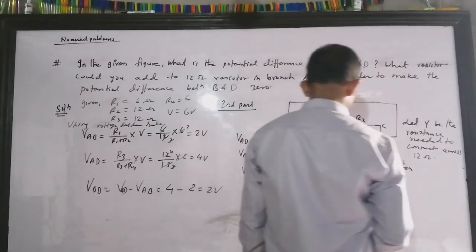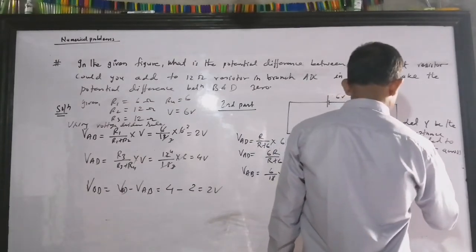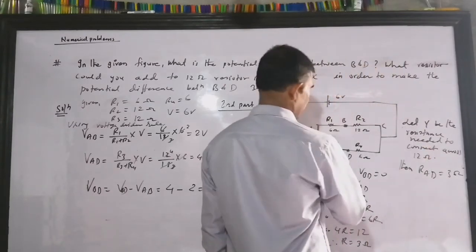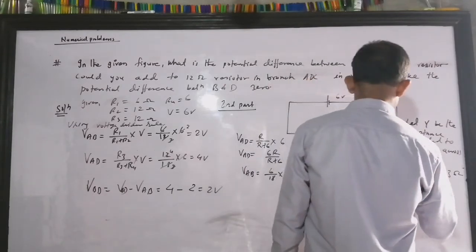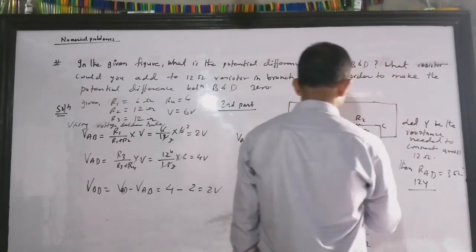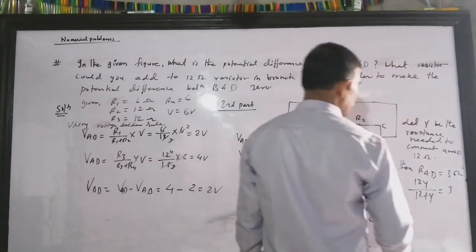Then what can we say? We got RAD equals 3 ohm, and now it's parallel, so product by sum. So 12 into Y is 12Y, and the sum is 12 plus Y, which equals 3.